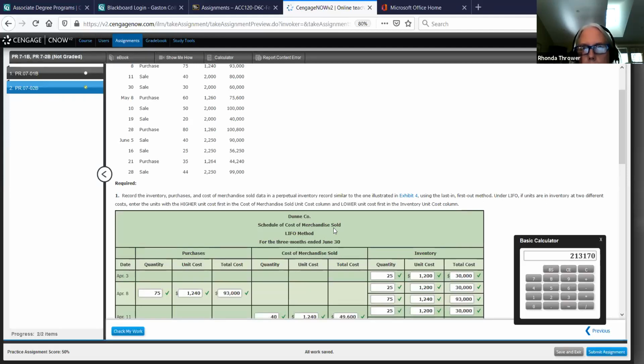Now, I'm not saying that companies that use the LIFO method to value their inventory also use the LIFO method for their physical flow of units. That's not true. They would still use the first in, first out method for that. But we're just putting a cost or a dollar amount on our cost of merchandise sold. And we can use the LIFO method or the FIFO method or the weighted average method, which we'll talk about the next time.